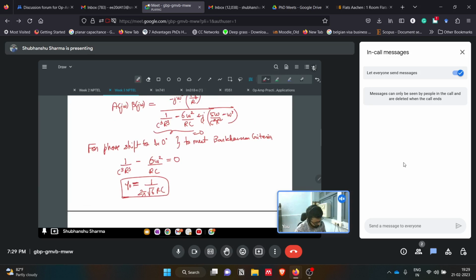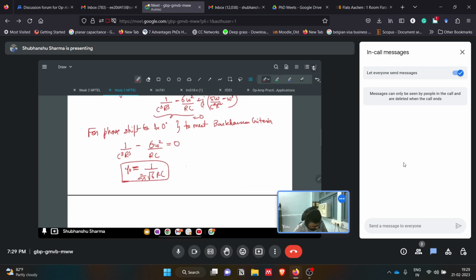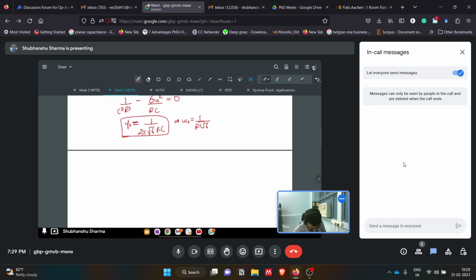So omega naught is 1 by RC root 6. Now at omega equals omega naught, A beta will be minus RF by R by 29. This is how we got this.